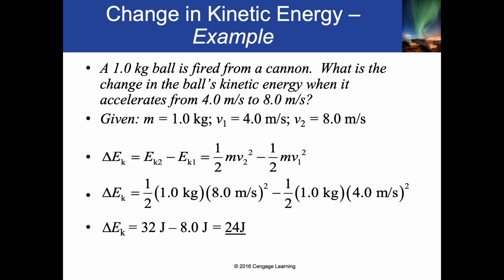I would go through and do the square first, and then multiply this times this times this, multiply this times this times this, and then subtract it. So we get 32 joules minus 8 joules, and we get 24 joules. Pretty simple on how to work those kinds of equations.